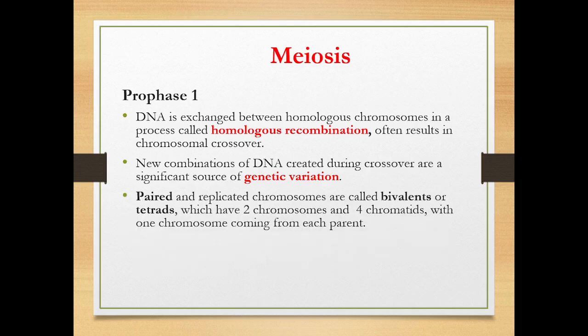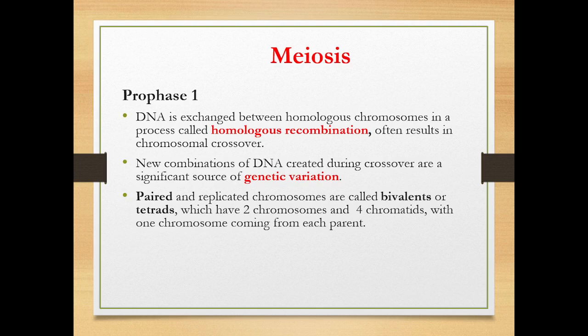So during the same prophase 1, you need to expect the paired and replicated chromosomes, which are called the bivalent. So a bivalent is formed during the stage of prophase 1 known as the zygotene.